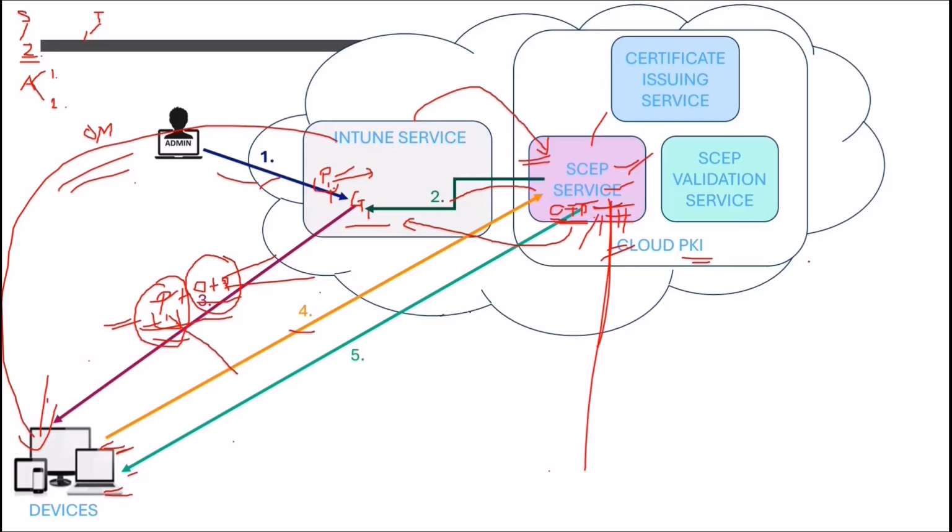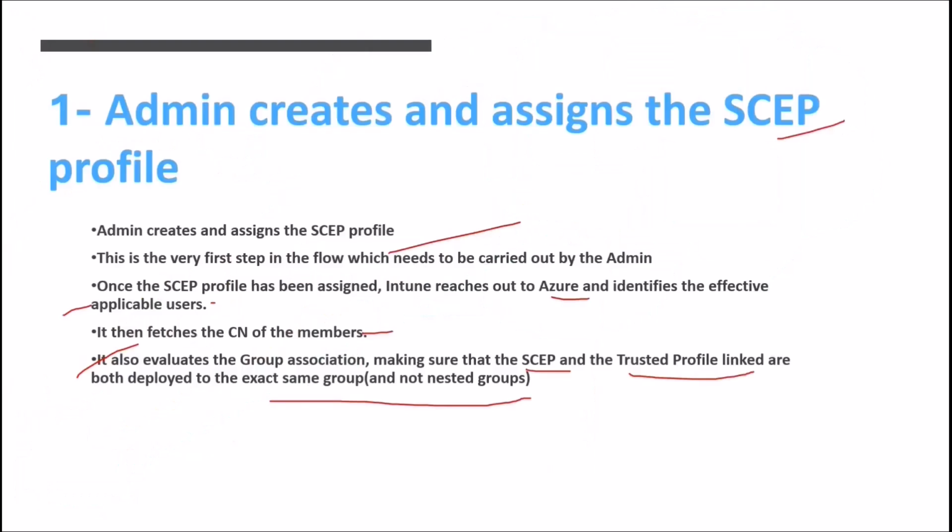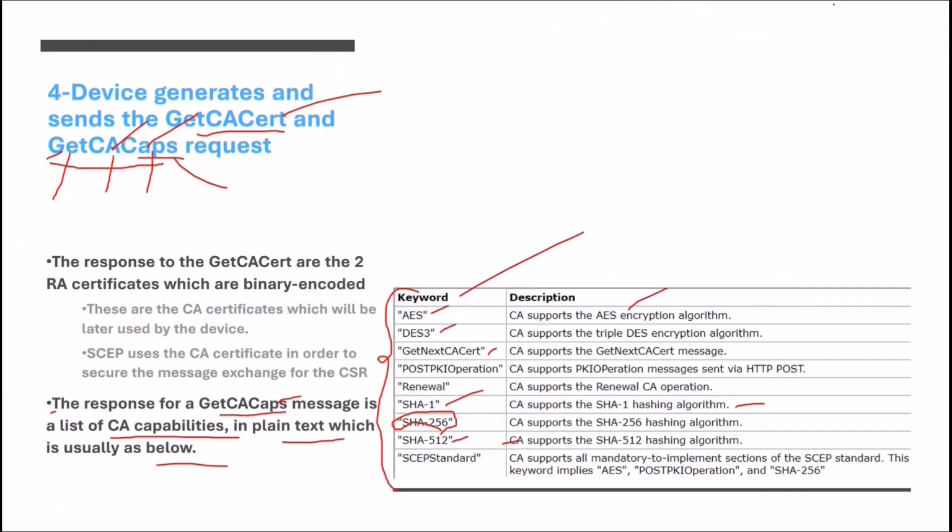But for now, just know that after get CA caps the device is going to do another request called get CA cert. What does get CA cert mean? It means getting the cert of the CA. The response to the get CA cert is that the Cloud PKI is going to respond with the RA certificates.